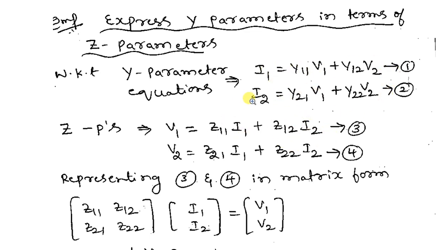In a two-port network, four variables are there, and out of four, only two are mapping here because we are expressing one in terms of the other two.